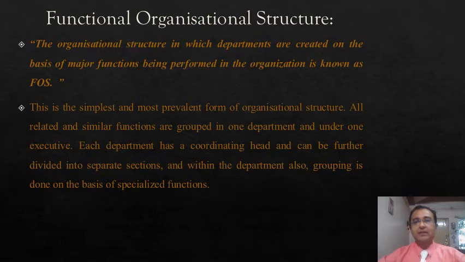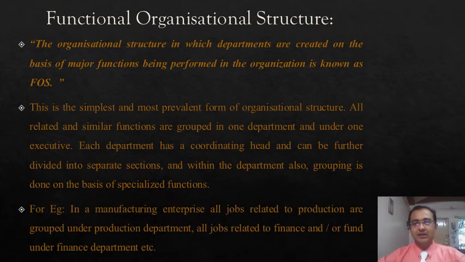Now, the department which is under the control of one executive may or may not have a coordinating head, and it can be further divided into separate sections if required.